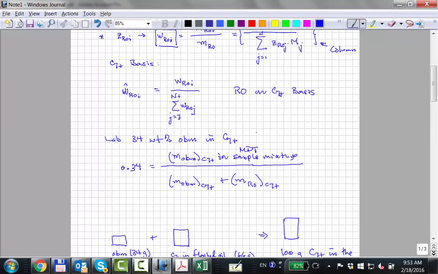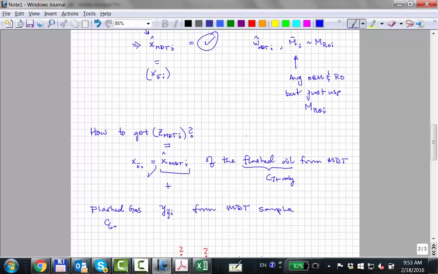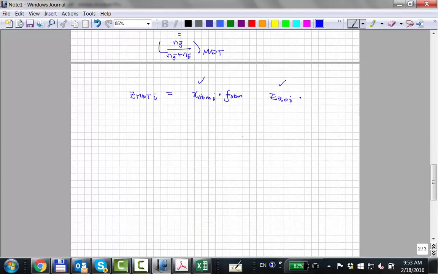I didn't give it a value. So this would have to be the moles of oil-based mud over the moles of oil-based mud plus the moles of reservoir oil. Okay? That would have to be its definition.